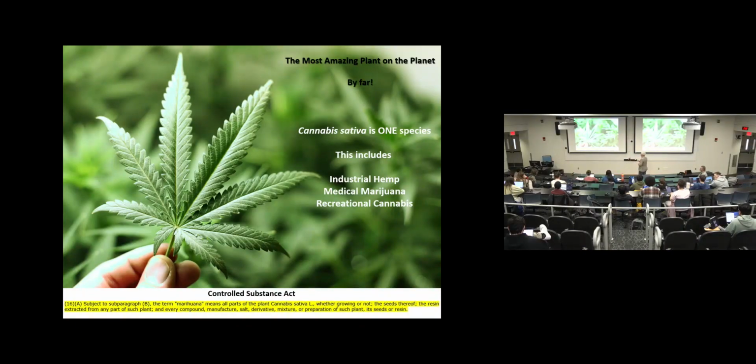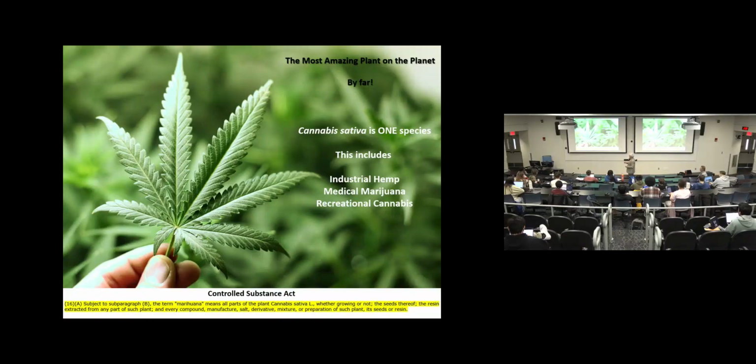The bad thing comes in here with the way in which cannabis as a plant has been treated over the years, and this is a quote from the Controlled Substances Act from, I think, the early 70s, like 70, 71.